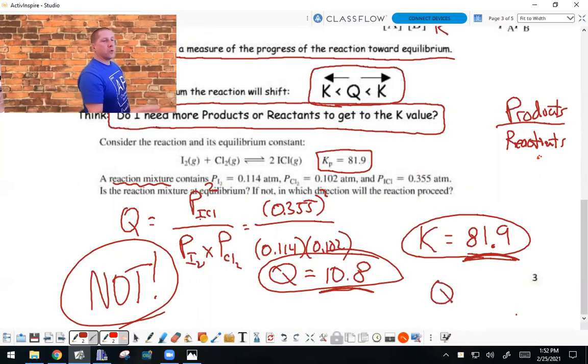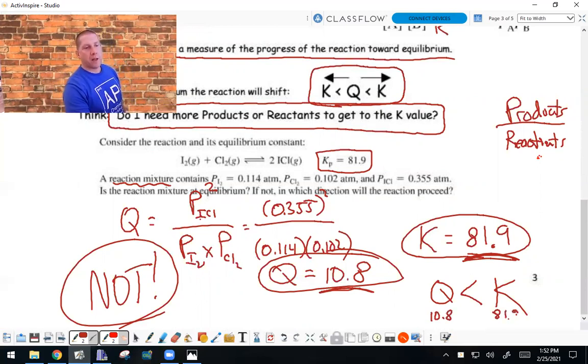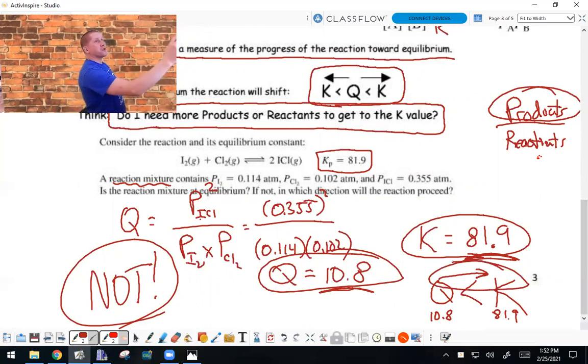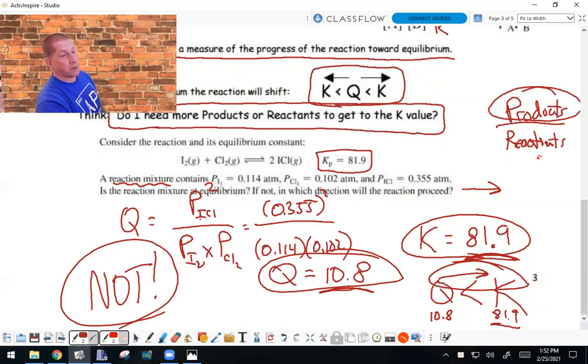So you can see Q is less than K. Q is 10.8, K is 81.9. Which way does this thing shift then to get to equilibrium? I need more products to get to K because it's lower. And so this thing is going to shift to the right. So in which direction will it proceed? It's going to proceed to the right. Why? I need more products to get to 81.9 and less reactants.